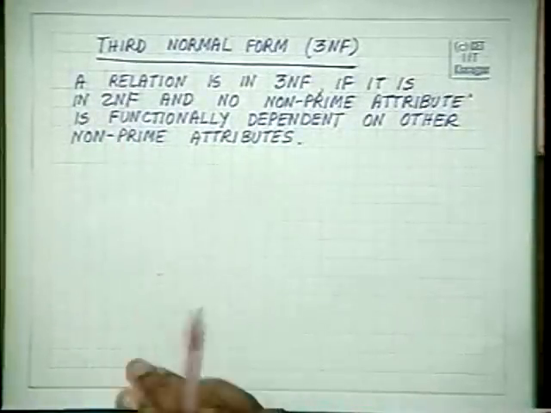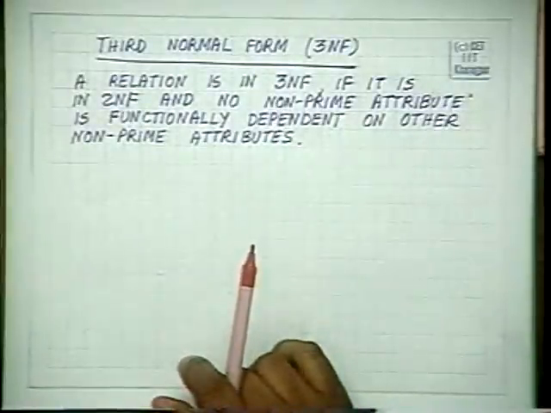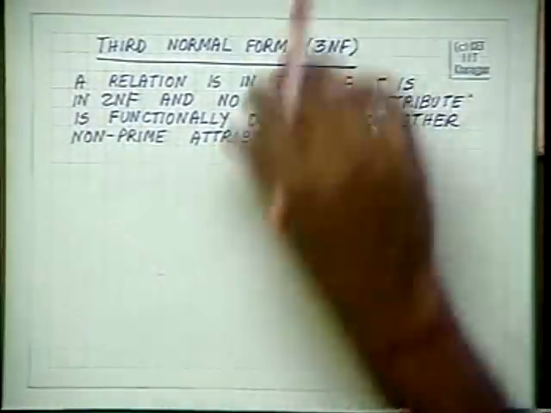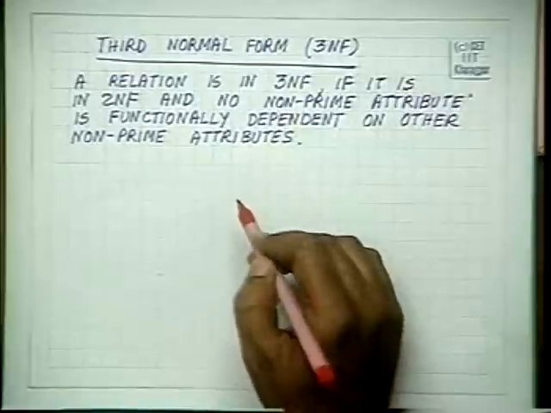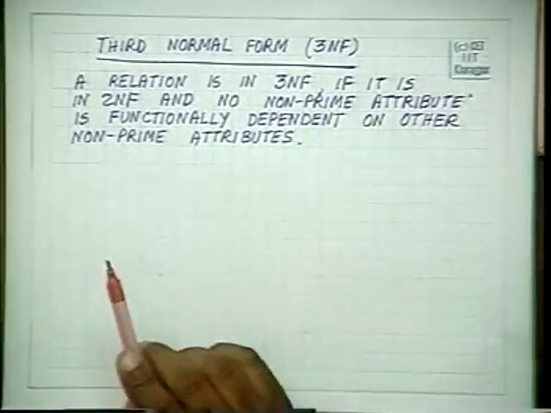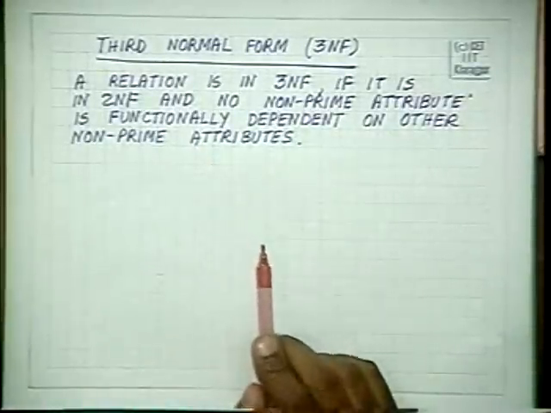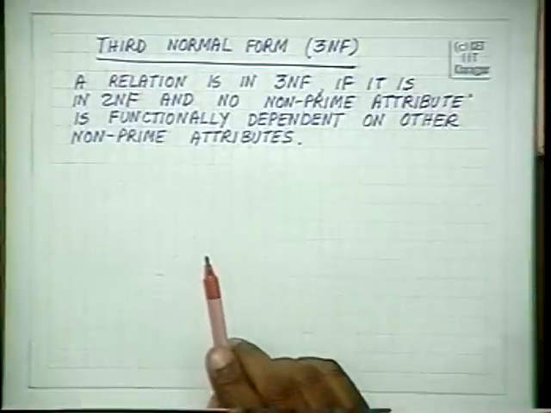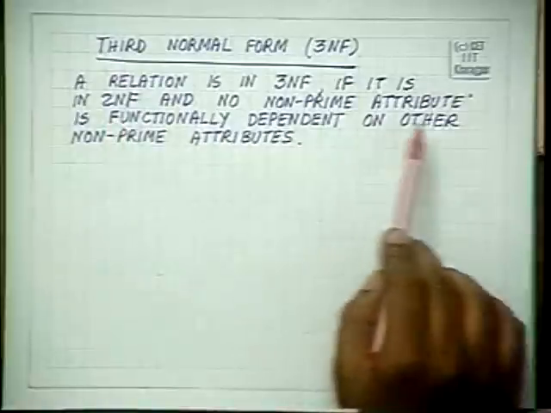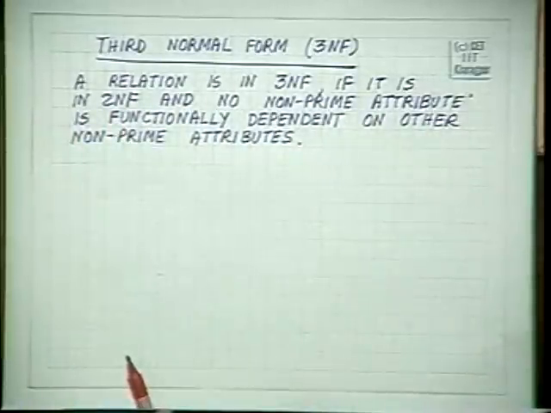What is third normal form? Third normal form says that it is in second normal form. So what does second normal form say? Second normal form says that every non-prime attribute must be fully functionally dependent on a candidate key.